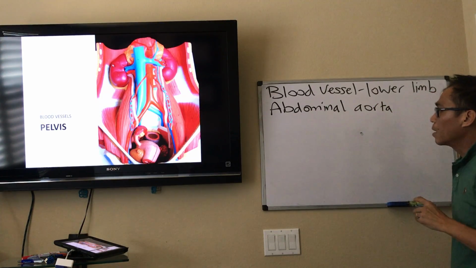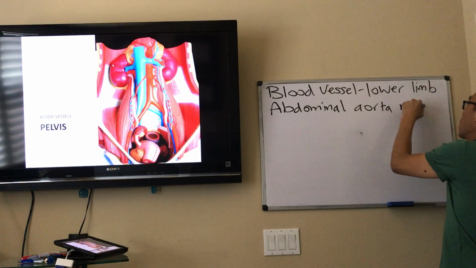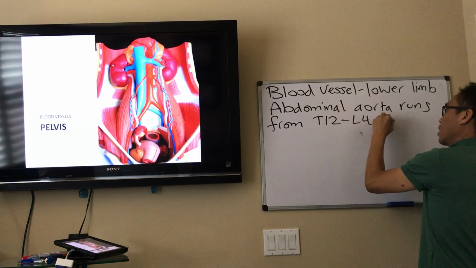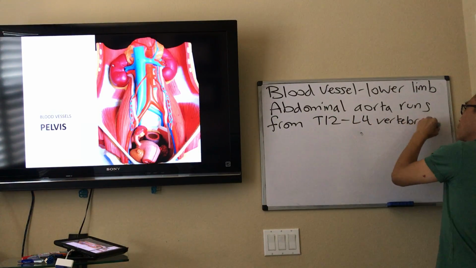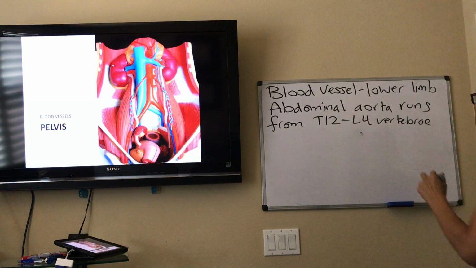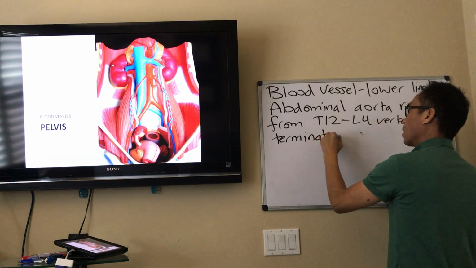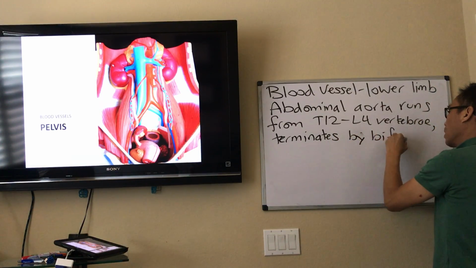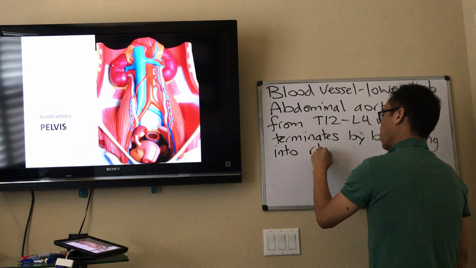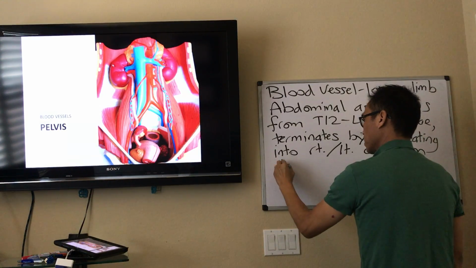It runs from about the level of T12 to L4 vertebra, and ends by bifurcating into right and left common iliac arteries.